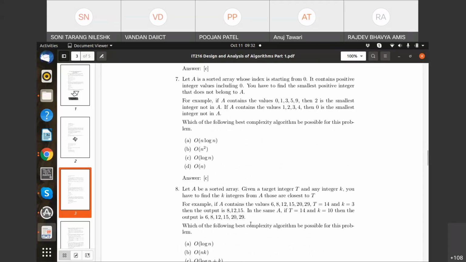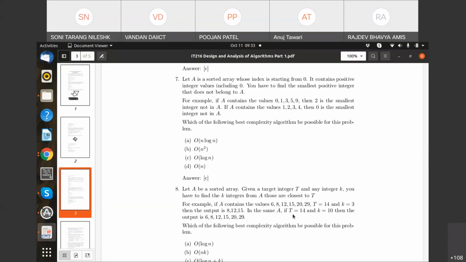This one many of you have got wrong. I don't know why. So you want to find the k integers from A that are closest to T. A contains these values and k equal to 3. Let's say T equal to 14. So the closest to 14 are 8, 12, 15.